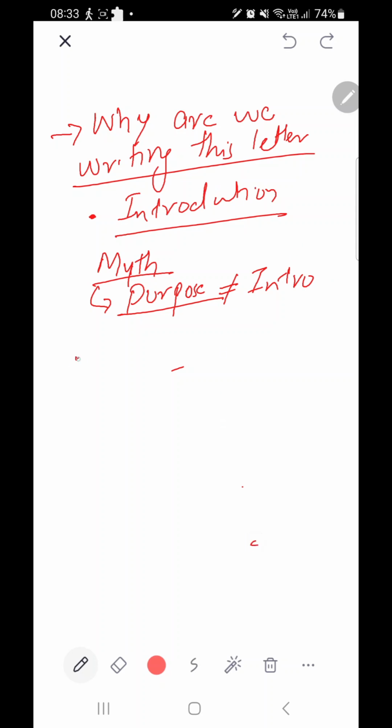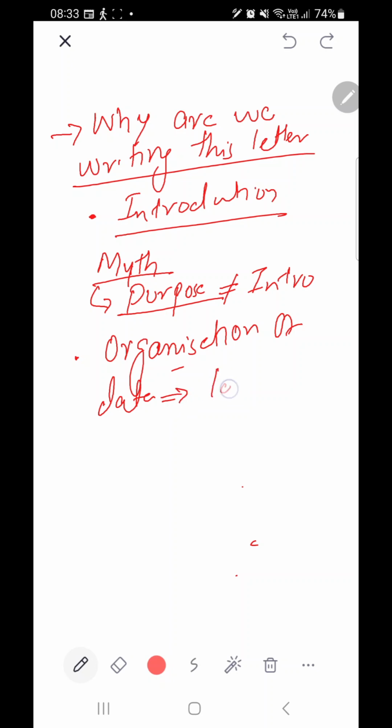Purpose is not the intro as per the criteria, but your purpose has to be clear in the introduction, as we discussed. Then you can see that the organization of the case notes has to be laid out as per the reason of writing.